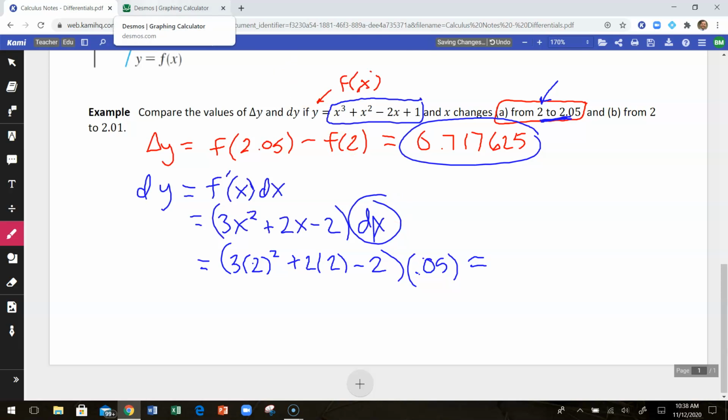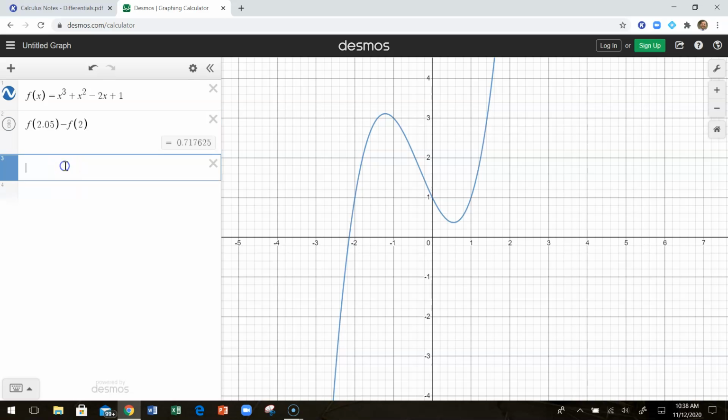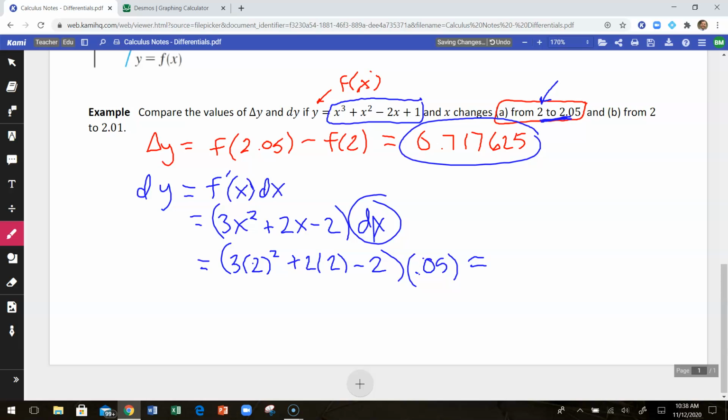So I'm going to go to Desmos again, and what I'm evaluating here is f prime of 2 times 0.05, and that gives me 0.7. You could work through that and find that same value, but it's 0.7, so this is very close to that value.